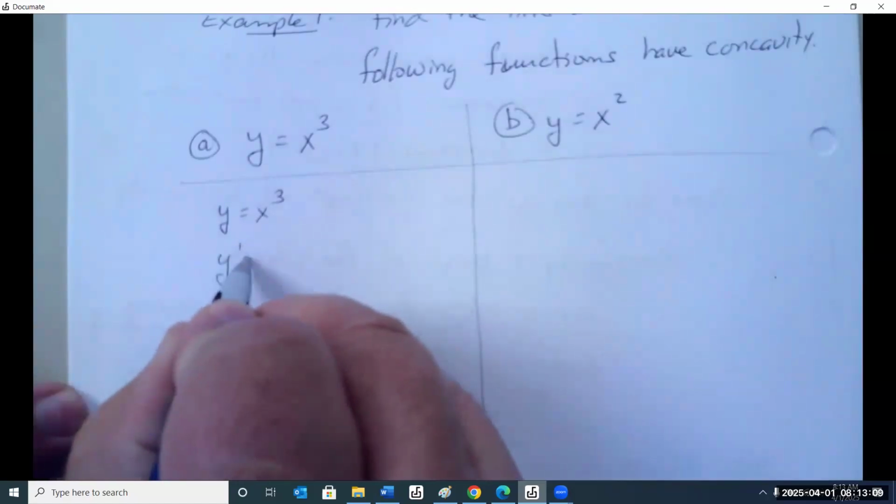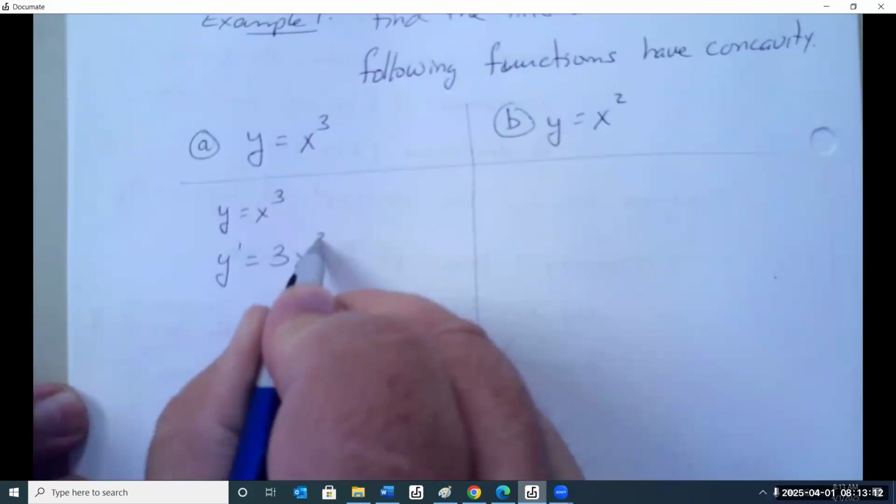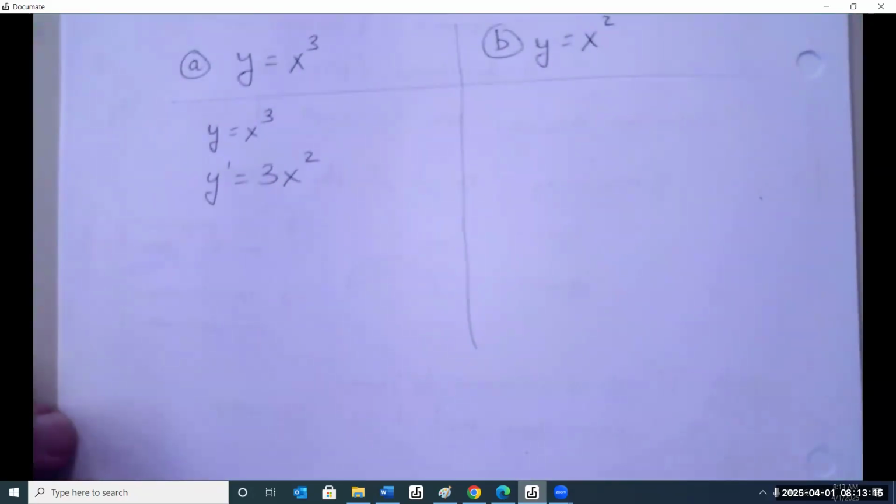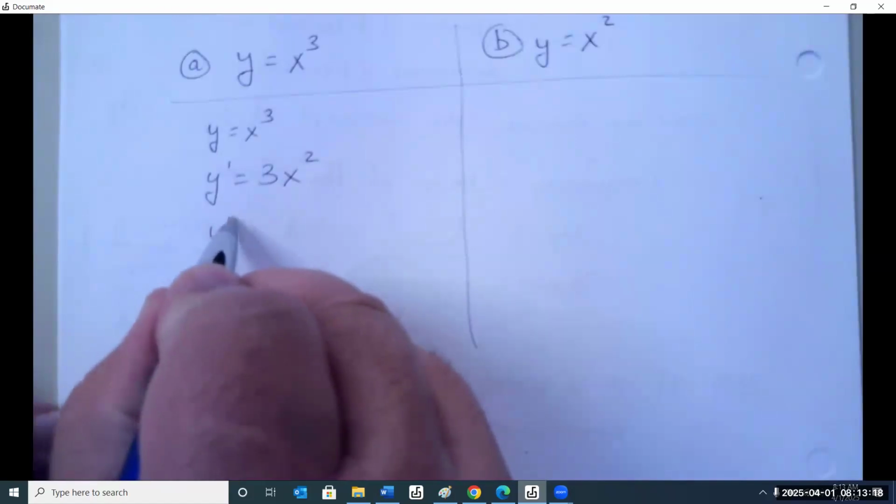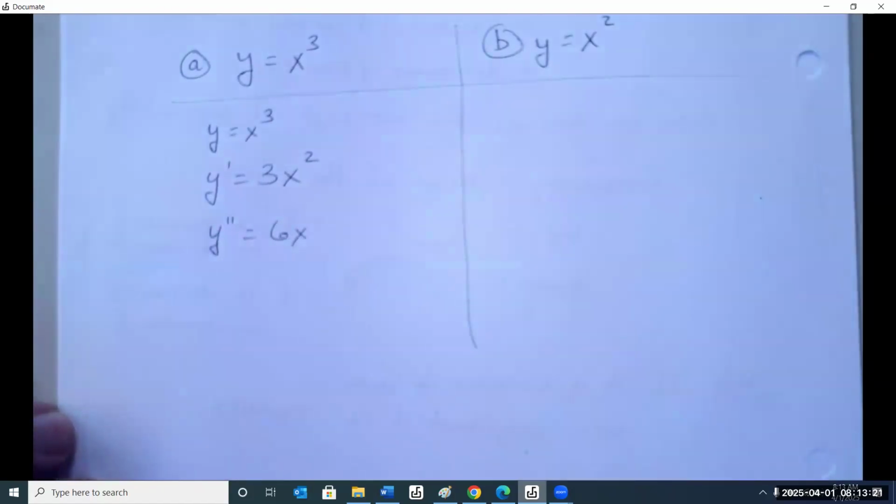The first derivative is going to give us 3x squared. Then we do it again. The second derivative will give us 6x. So where is it concave up? Where is it concave down? Remember, how do you know if it's concave up or concave down?